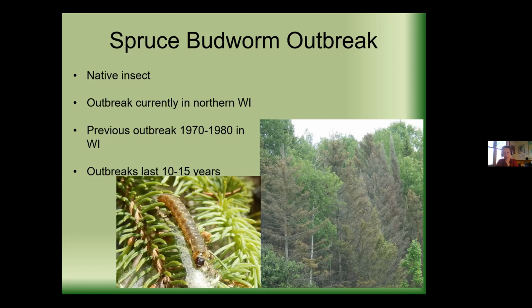It is native, and there were big outbreaks in the 70s and 80s. There was a point in time when foresters thought, we could probably just drop an insecticide over the entire forest. And this did happen in the Northeast, I think in the late 60s and early 70s, and it worked great for a couple years.